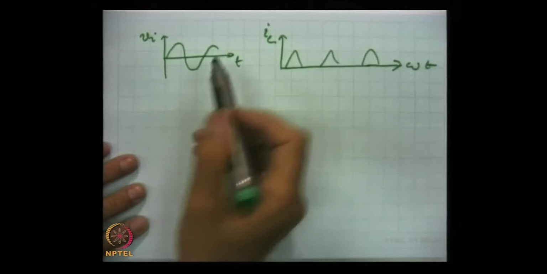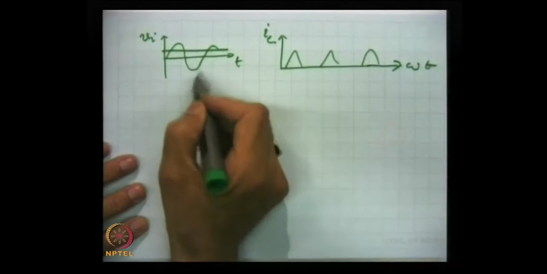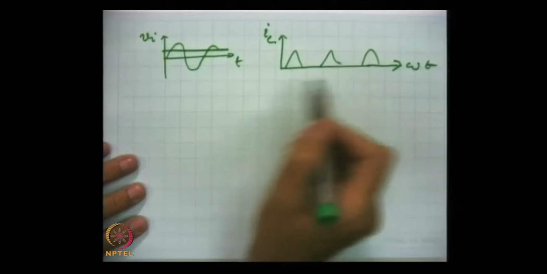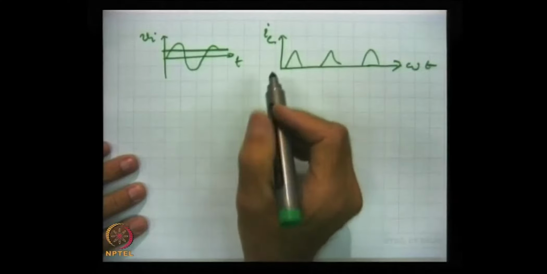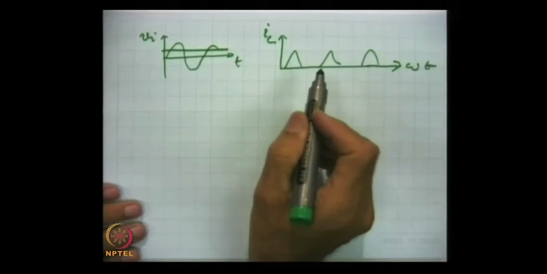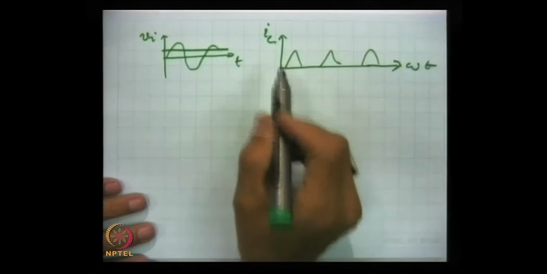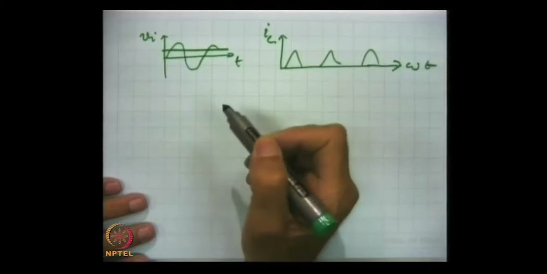That means a lot of information will be absent in these pulses. So, what is done? How to make these pulses useful? These high current pulses excite a tank circuit.